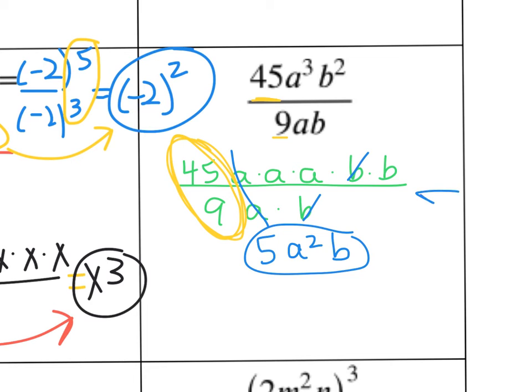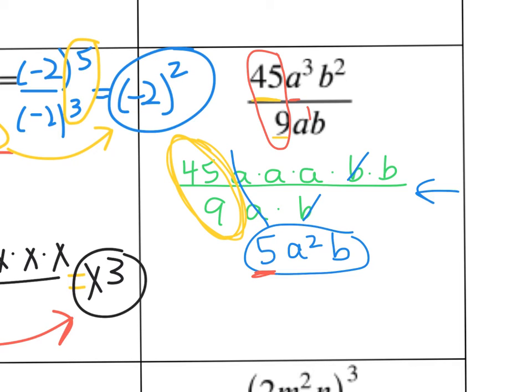Okay, now I showed you expanding, but let's do it with the shortcut. We did regular math here, 45 divided by 9, which gave us 5. And now the a's are the same, so we keep the base and subtract the exponents. Do you see how the a doesn't have an exponent, but there's one a? We're allowed to put a 1 there.